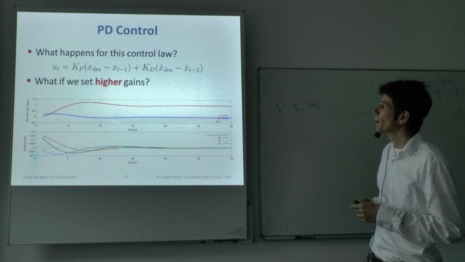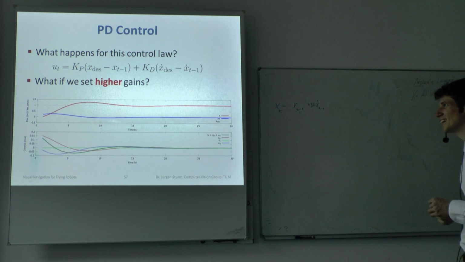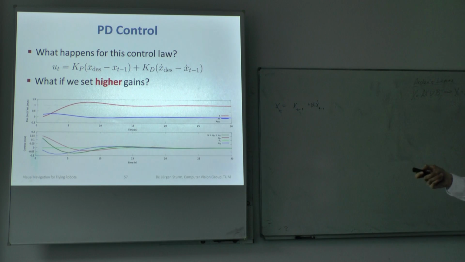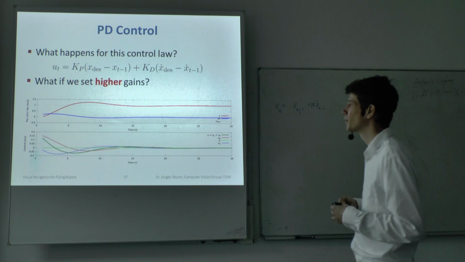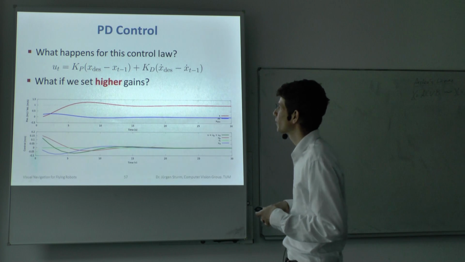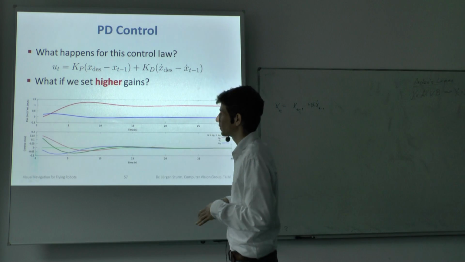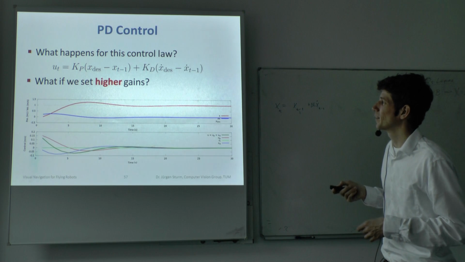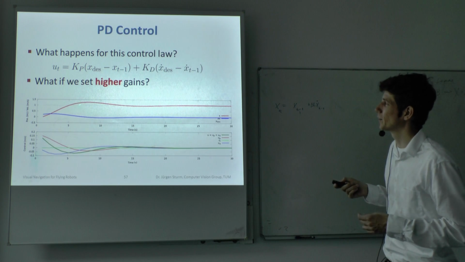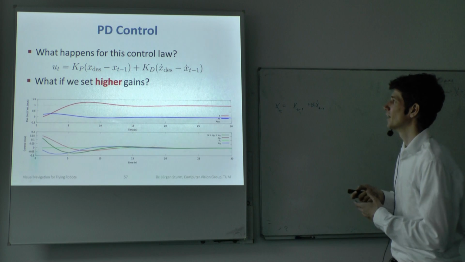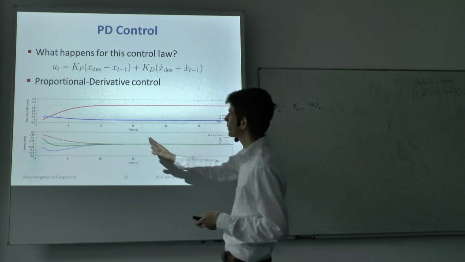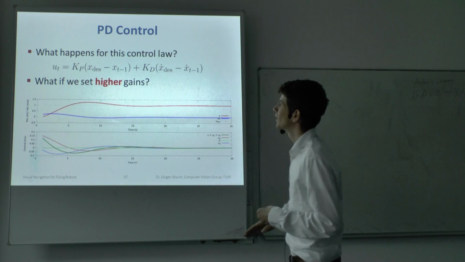Good. If we set higher gains, there are now 2 coefficients that you can influence, but if you make both of them higher, or even one of them, you can again destabilize the system. In this case, it doesn't destabilize, but it just overshoots again. In comparison to this, it took us maybe 10 seconds to reach the goal location.